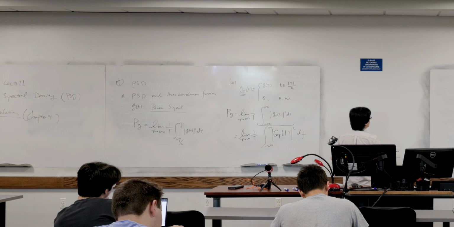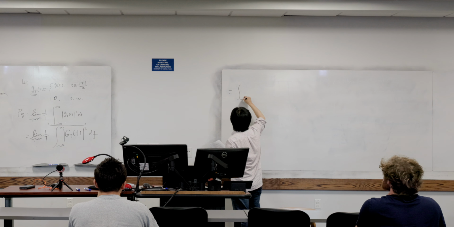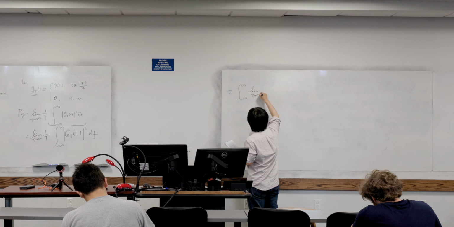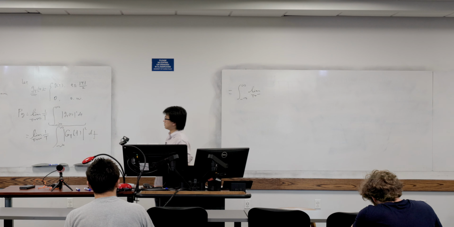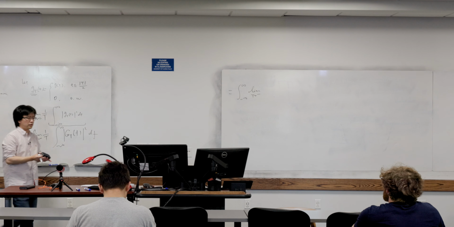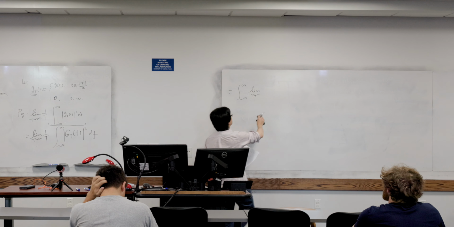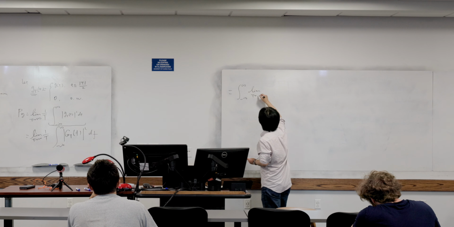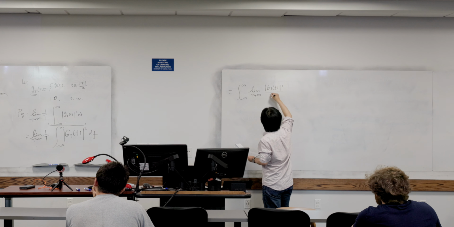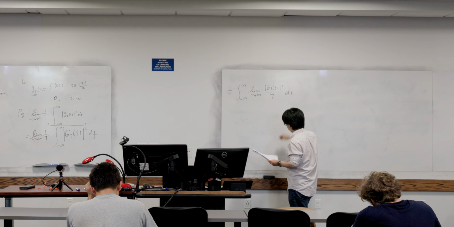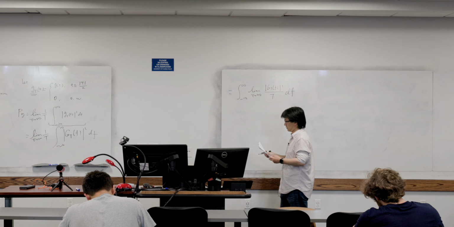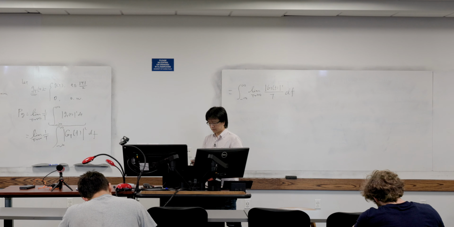Then we can take the integral outside, and inside we let T go to infinity, and we have the magnitude squared of G_T(f) over T, df.